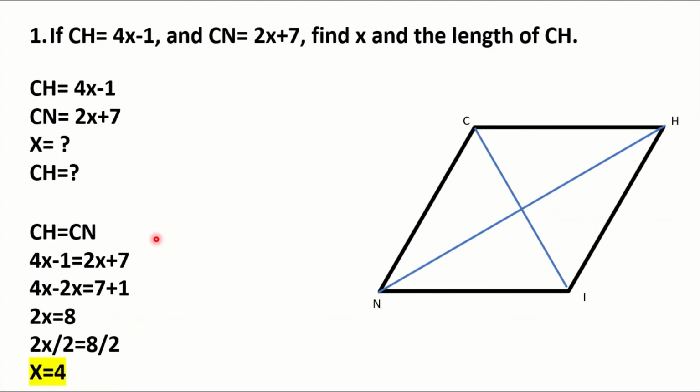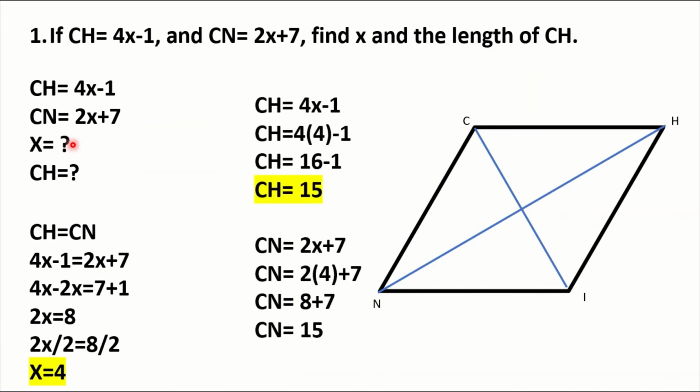So the value of x is 4. So meron na tayong value ng x, which is yung 4. So apply na natin by substitution. CH is 4x minus 1. So 4 times 4 minus 1 is 16 minus 1. So CH is 15.